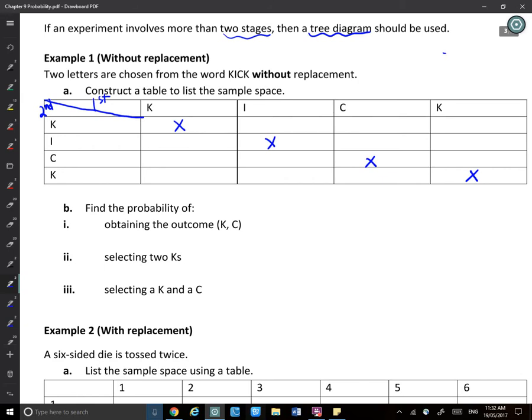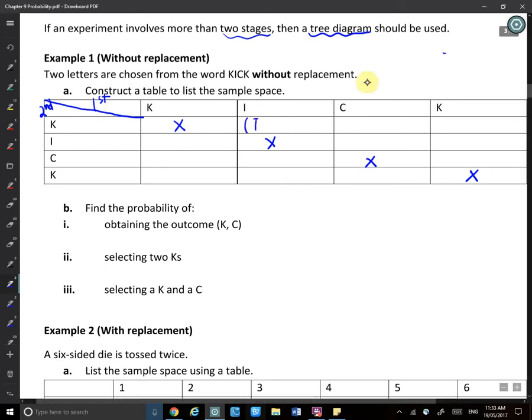You can have K1 and K2, but you won't have K1 and K1. So if the row is first, when you write the ordered pairs, you will write KI, CK, and KK, and also KI, CI, and KI.